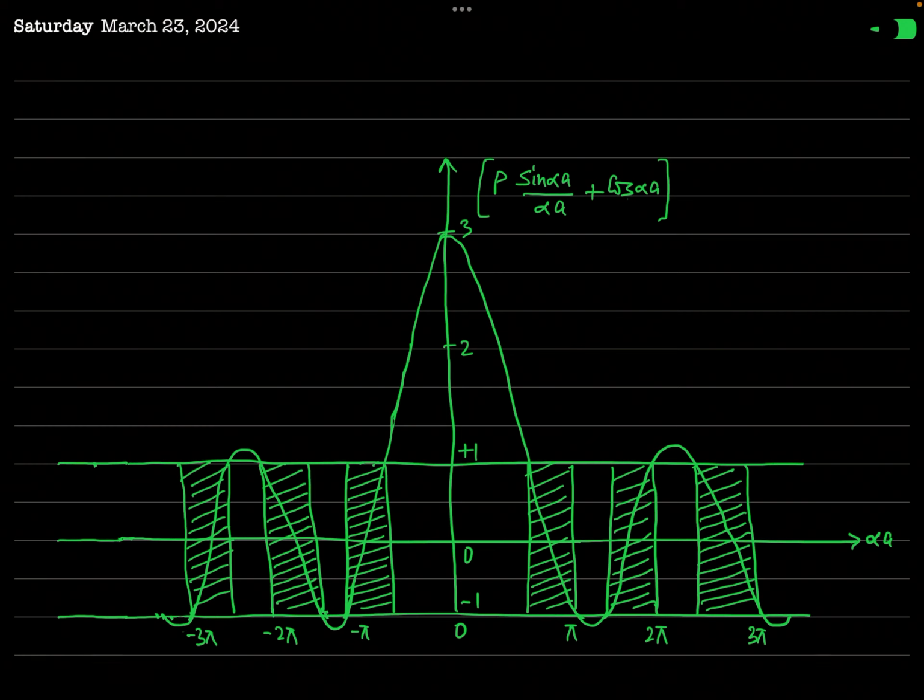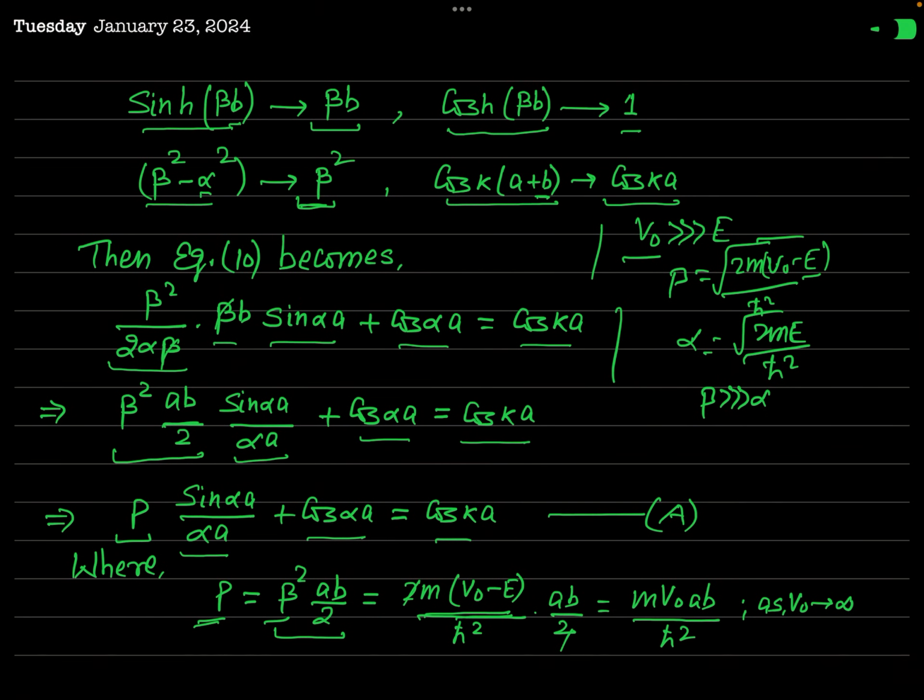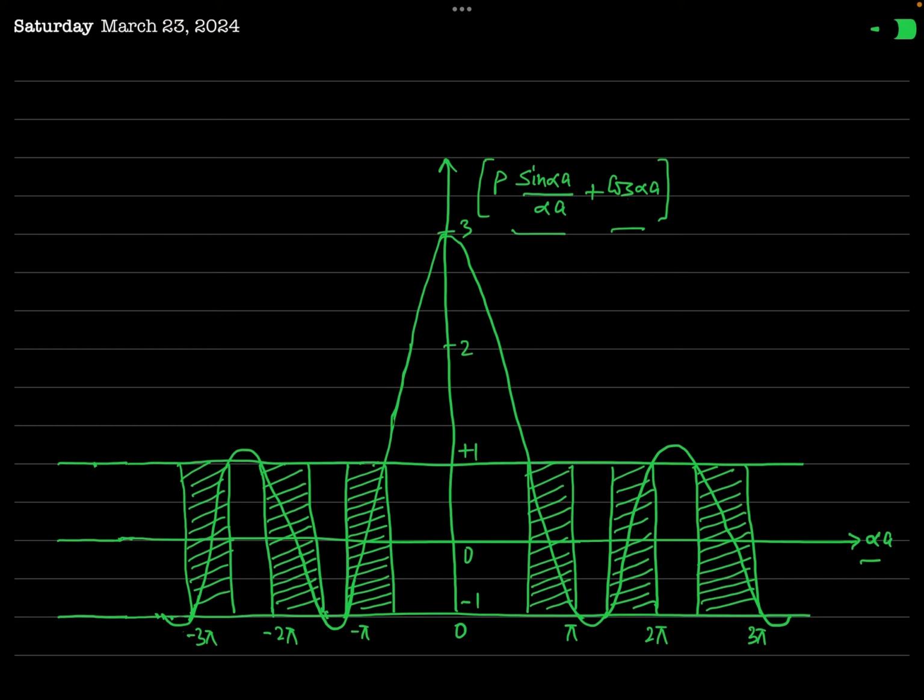Here, in this figure, a graphical plot of P sin alpha A by alpha A plus cos alpha A, which is the LHS of this equation A, has been plotted against alpha A, for a particular value of P. In this graphical plot, P has been assumed to be 3 pi by 2, and for that this graph has been plotted.